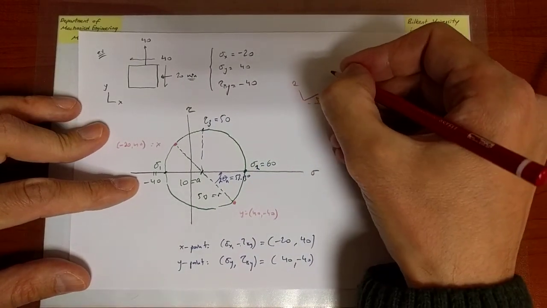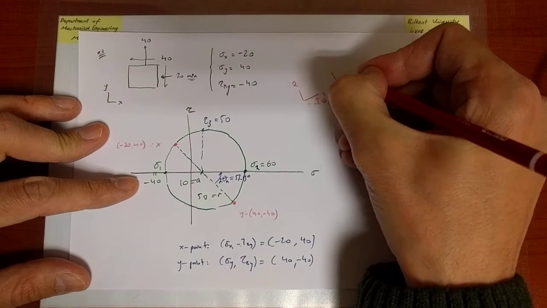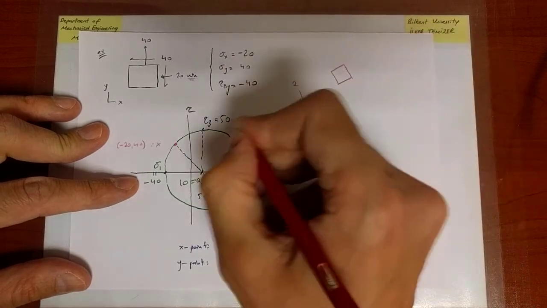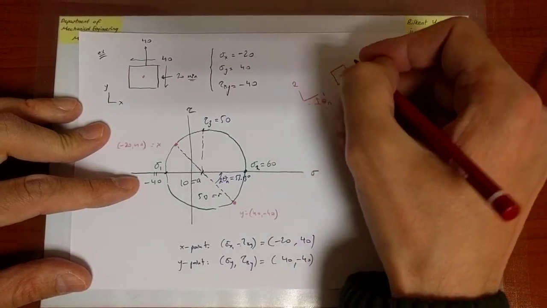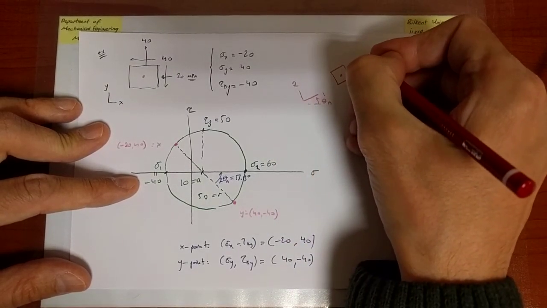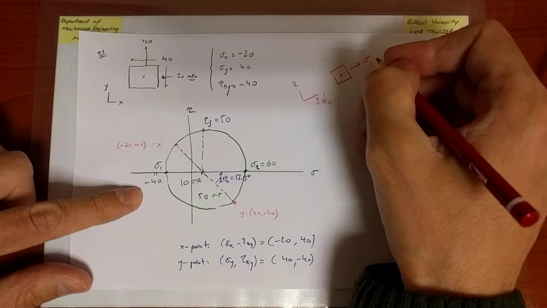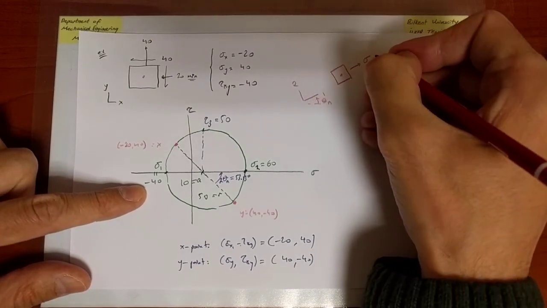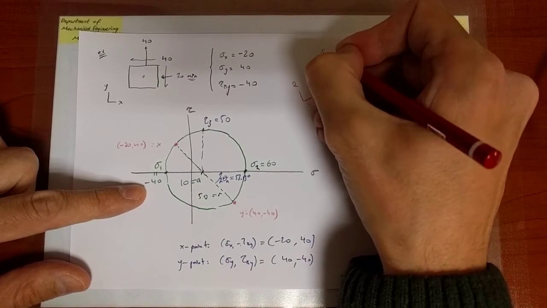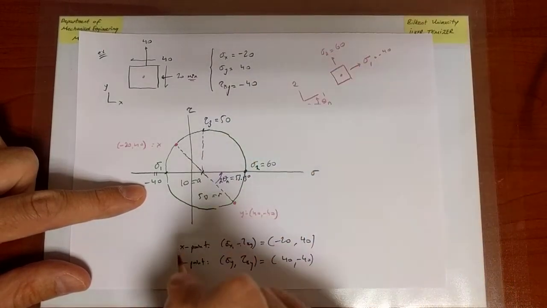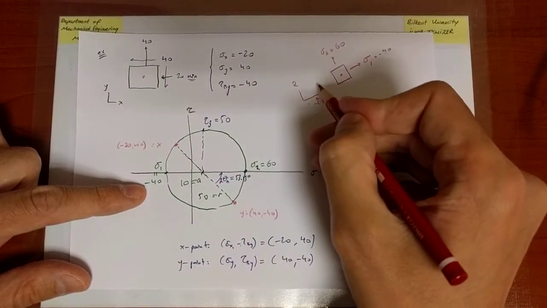And that picture corresponds to a state of stress represented geometrically at the same point, but with respect to a rotated picture, and that picture has a sigma 1, which is compressive and minus 40, so it's in the other direction, and a sigma 2, which is 60 MPa, it's tensile, and there are the other ones as well.